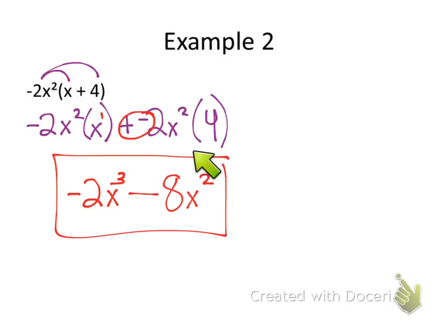Some of you will have one less step because you won't choose to write this out. You just say negative 2x squared times x is negative 2x to the third. Negative 2x squared times 4 is negative, so put a minus 8x squared. However many steps you need, do it, okay? I'm going to leave it up to you. It's a personal decision. As long as I see the answer, I am good. What are your questions?